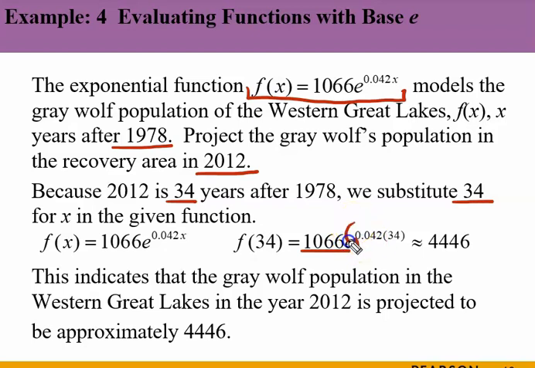And then I would put all of this in parentheses, 0.042 times, just hit the times key, 34, close the parenthesis, hit enter, and it gives you this rounded off to the nearest whole number. Again, you have to be careful, can't have part of a wolf, so you have to have whole numbers here, yes.